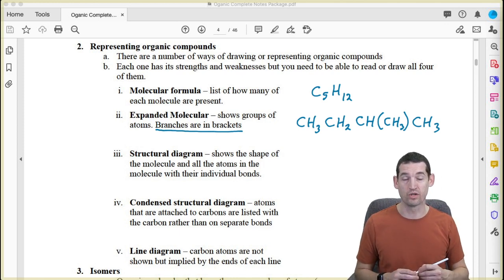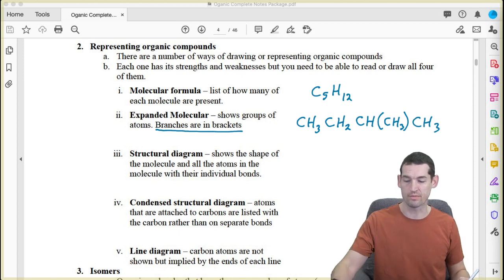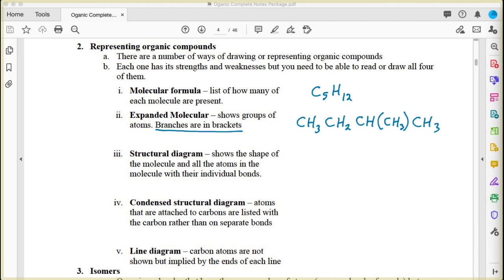Structural diagram is one of the first ones we're going to use a lot, and that's where the entire shape of the molecule is drawn with every bond and every atom that's connected to it. So let me get out of the frame here so I can show this to you. And so this would look like this. My first CH3 group would be a carbon, and it would have 3 H's attached to it.